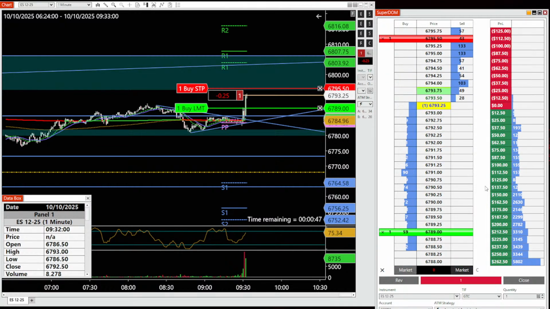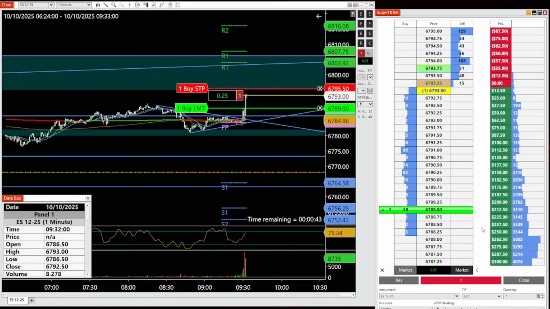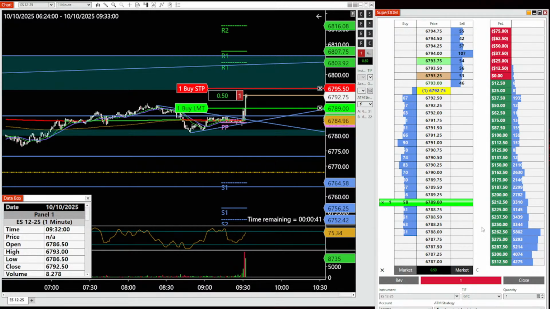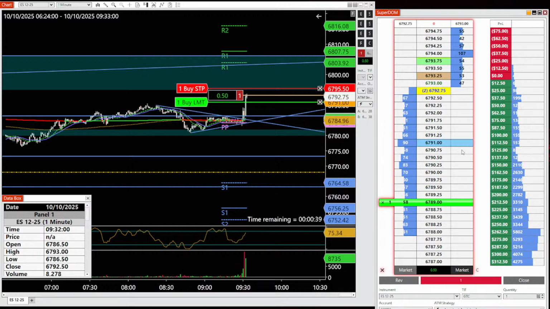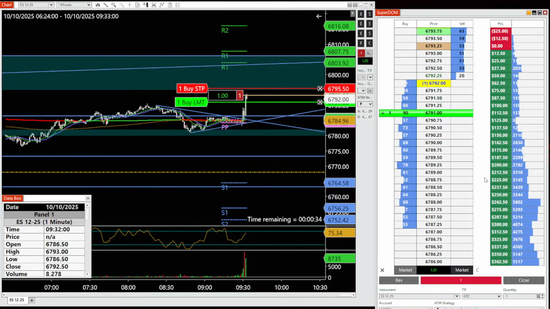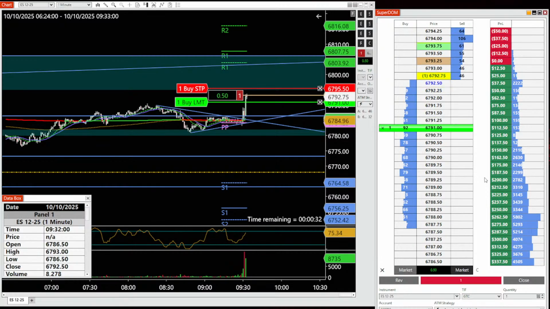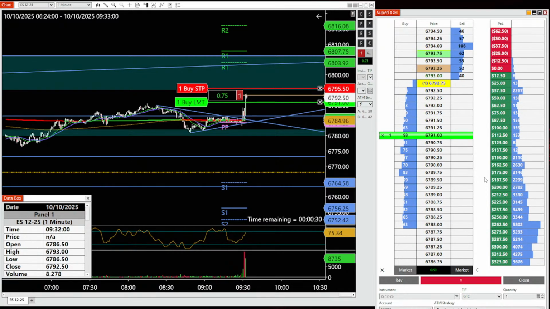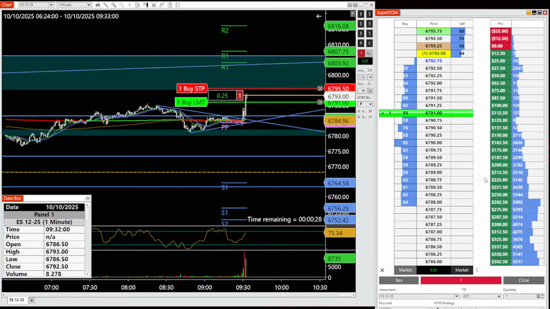Might keep going. Overnight high, take the first test of the overnight high for a pullback. I'm not going to try to get too much if it does. I just want to get a couple of points, maybe 2. 93, 91, come on. See if we get a pullback.